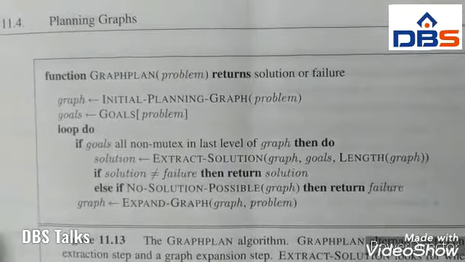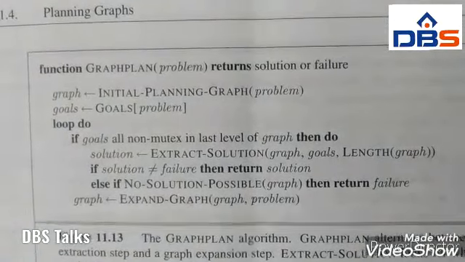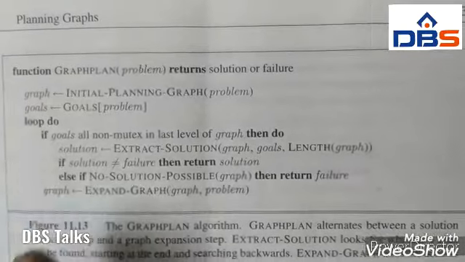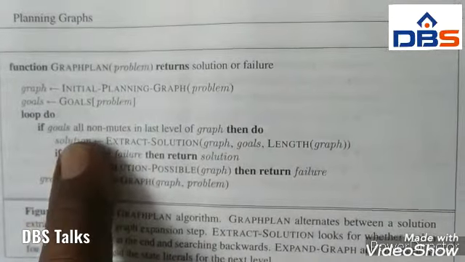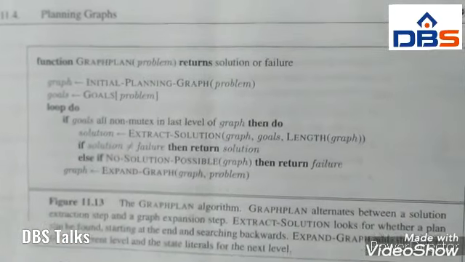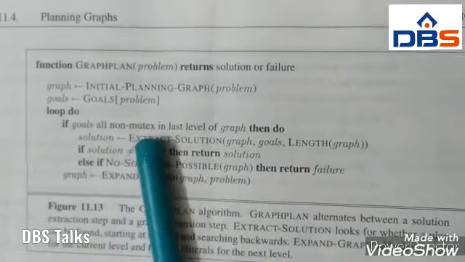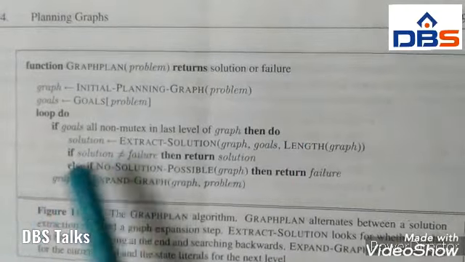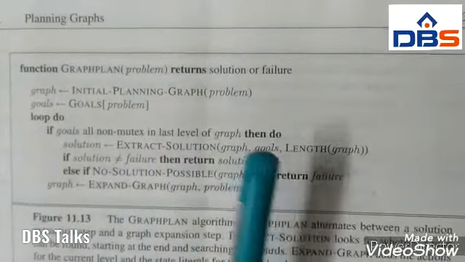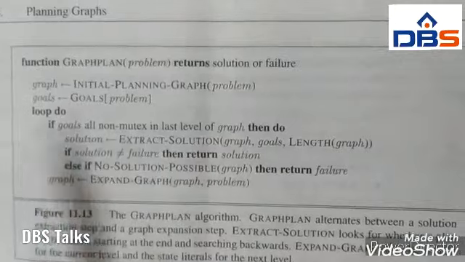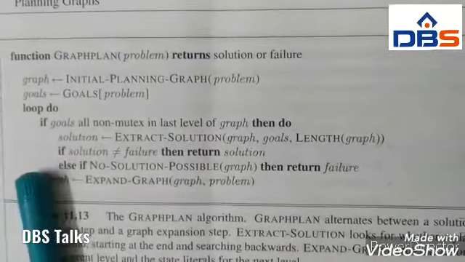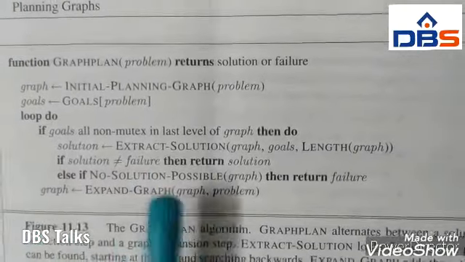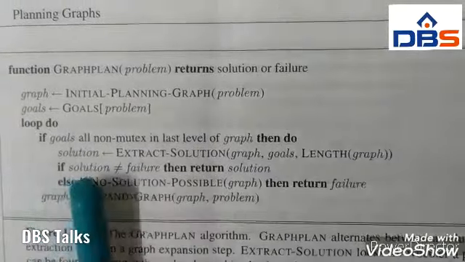Here the loop contains mainly two steps. Loop do: if goals are all non-mutex in the last level of the graph, then we can find the solution. Every level having all non-mutex links is the solution for a planning graph.